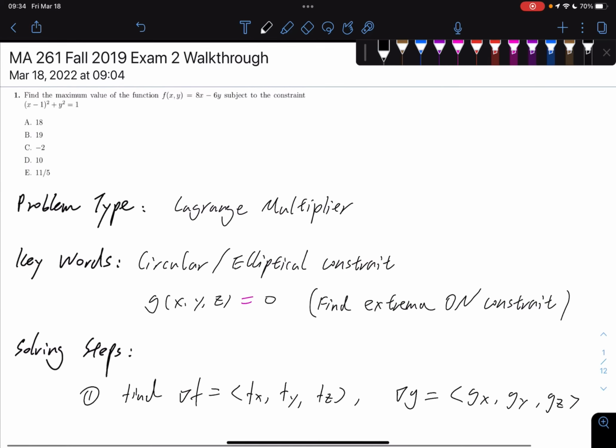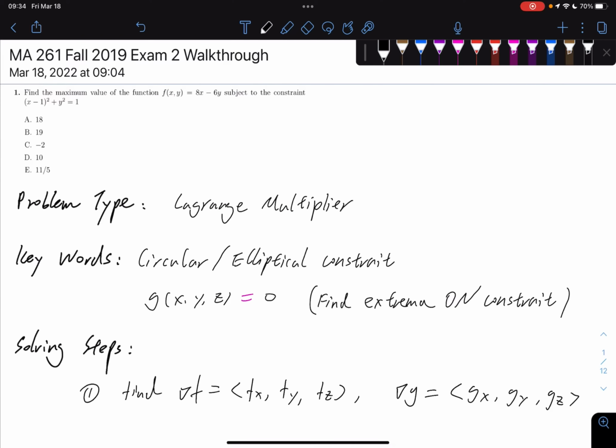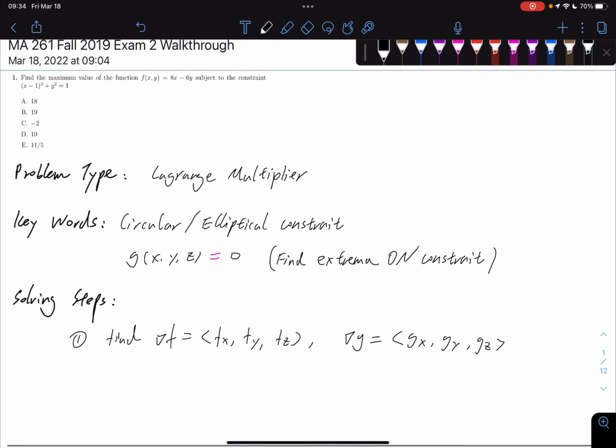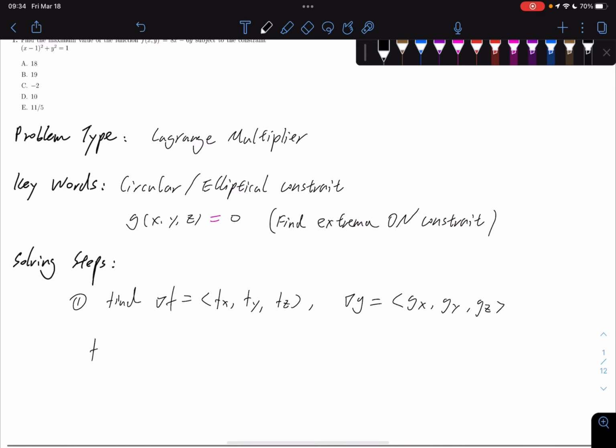So we are given the function f, which is f equals 8x minus 6y, and our g function is just the constraint function, moving everything to the left-hand side and leaving the right-hand side equal to 0.